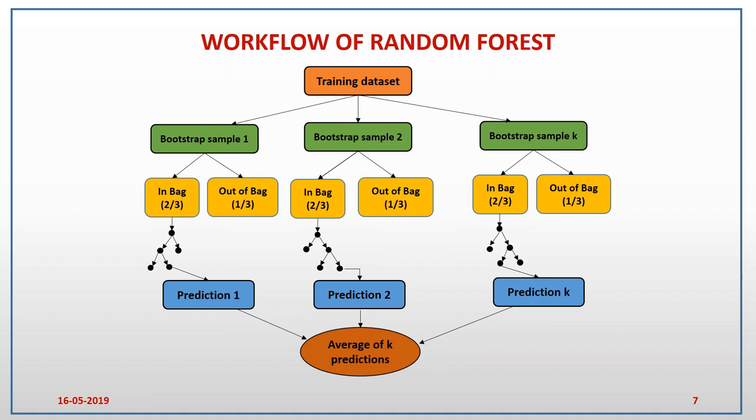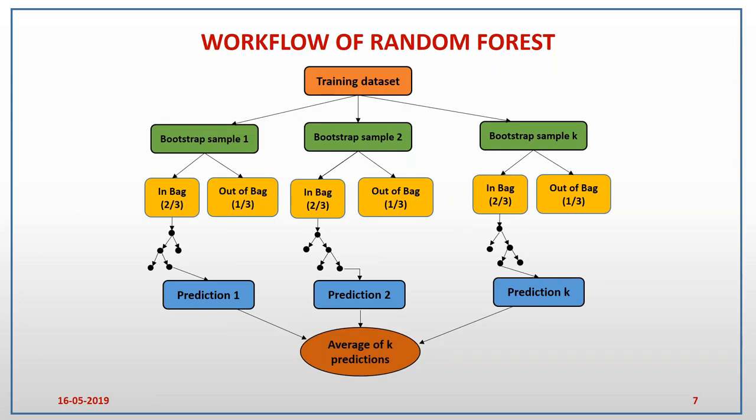Okay. Suppose I have 5,000 samples, and what is the probability of selecting a particular sample out of the 5,000? 1 by 5,000. So the probability of selecting a sample is 1 by 5,000.